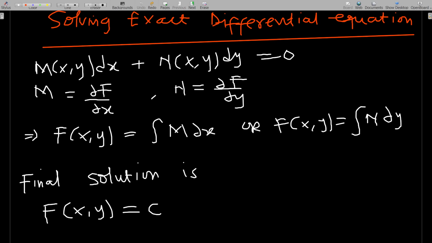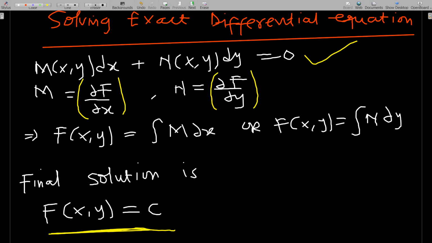The solution is some f of x, y whose total derivative is given by this whole equation as a differential equation. So if I want to solve this, then I know that when it is exact, M is equal to del f del x. I mean, when you pick that solution, the function we don't know, and differentiate with respect to x, you get M. And when you differentiate with respect to y, this time we get N.